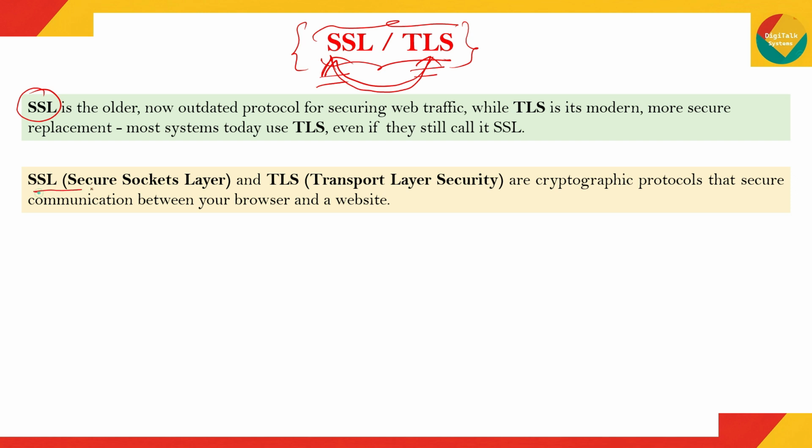So Secure Socket Layer (SSL) and TLS, which is called Transport Layer Security, are both cryptographic protocols that secure communication between your browser and website. So that means there is no difference. Both are the same, but the only difference is that TLS is the modern naming convention of SSL, right?